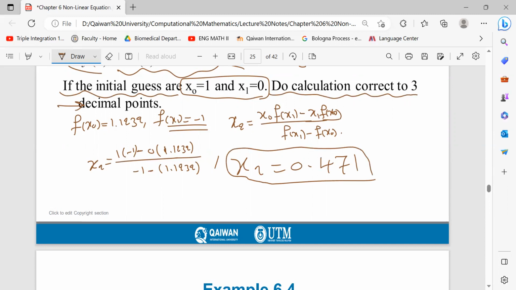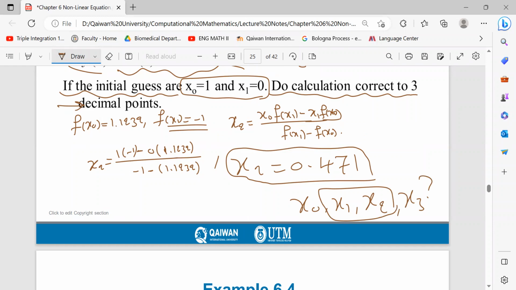This is x2. Now we find x3. How to get x3? We need to use x1 and x2 to get x3. We had x0, x1, and we found x2. Then to get x3, we use these two and the same formula. It's the same thing, but the numbers are changed.